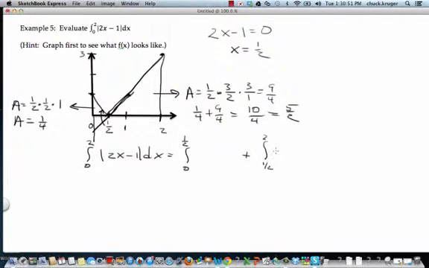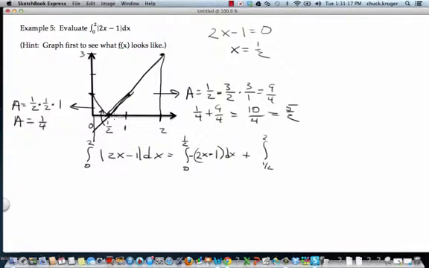So what I'm going to do is I'm going to multiply 2x minus 1 by a -1, because from the interval 0 to 1/2, those y values are negative. I'm going to make them positive by multiplying by a -1.